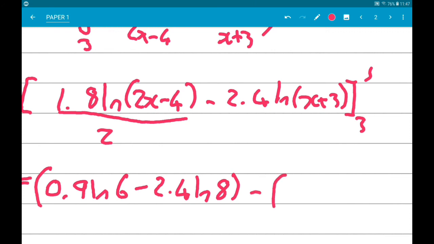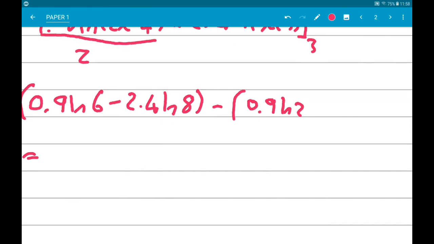So we're going to get 0.9 log 2 and then minus 2.4 log 6.